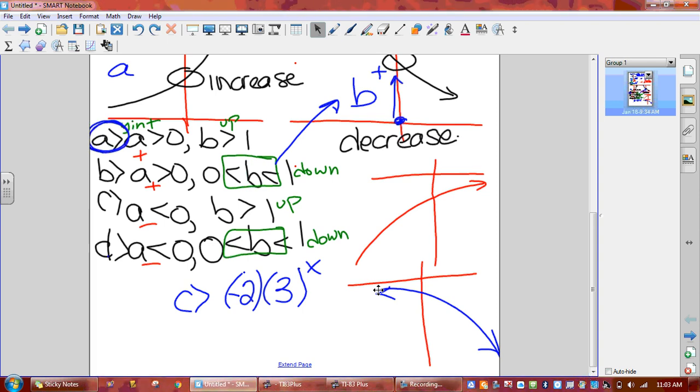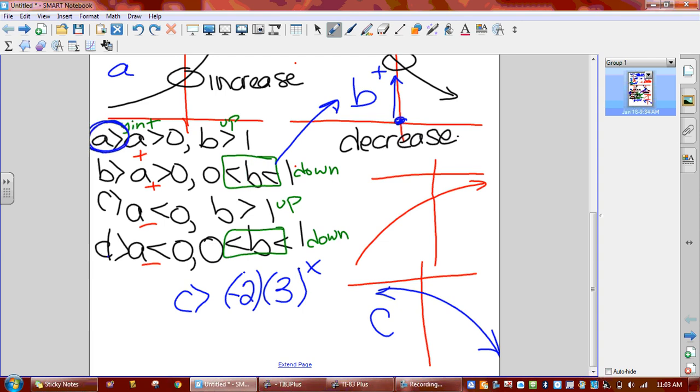So, what did it actually do? It took what was going up and did a reflection. It basically took the A graph and did a reflection on the x-axis, and this became a negative intercept, and then it started flowing down to the right. So C is going to match that graph.